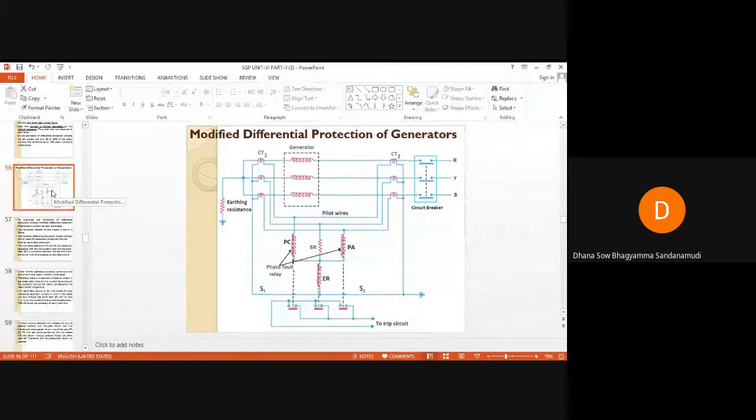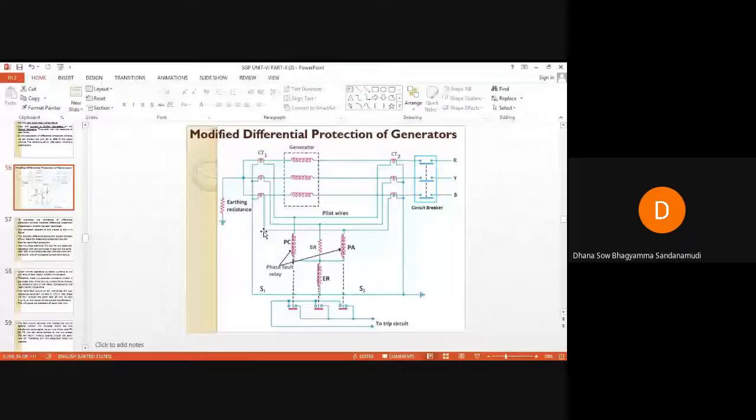Similar to the previous case, here also you can see the CTs on both sides of your alternator. Here also the CTs are connected in star connection.